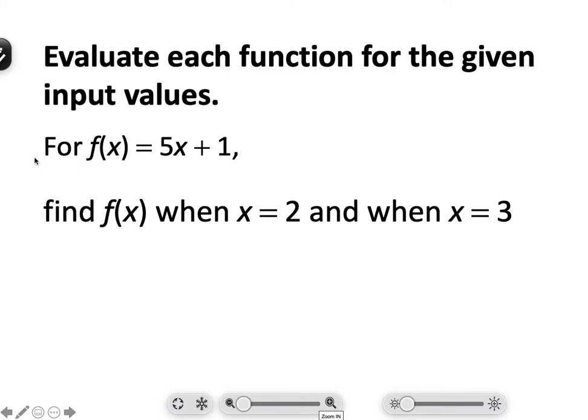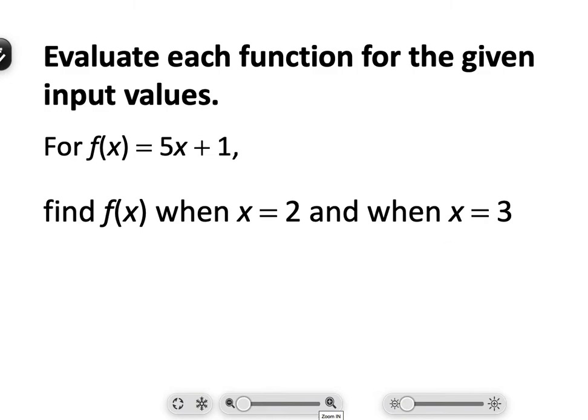So can someone read this top part? For f of x equals 5x plus 1, what's the name of this function? Well, it's still f. Our input is x, but our rule has changed to 5x plus 1. It tells you to find f of x, which is your output, when x is 2 and when x is 3.